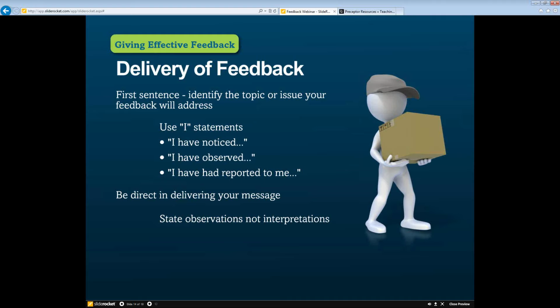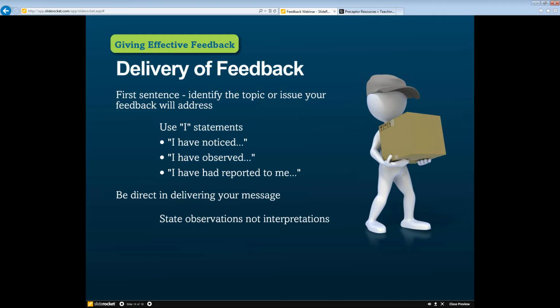State your observations, not your interpretations. A person who hears something like, that was an incomplete cardiac exam, might not know what you mean by that. That's an interpretation of their performance. You can observe and state, you listened in 2 areas of the heart and you listened over the shirt.